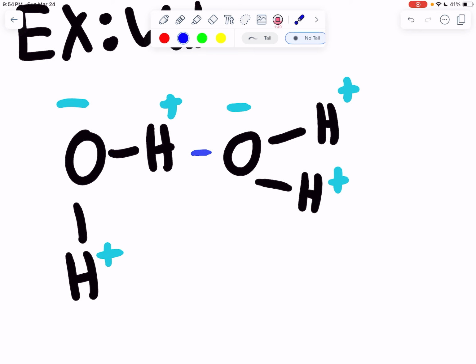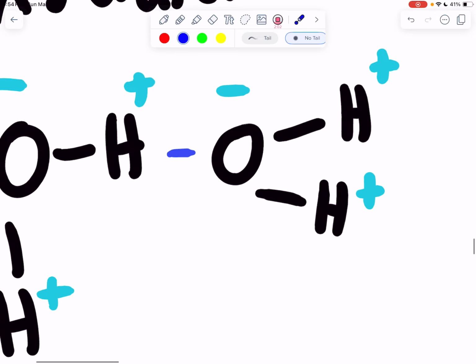Therefore, it'll have a partially negative charge because it'll have more electrons than protons temporarily. And because the electron is going away from the hydrogen, the hydrogen will have a partially positive charge because it'll have 1 less electron floating around it, which leaves it with part of the time having 1 proton and no electron, which will make it partially positive.